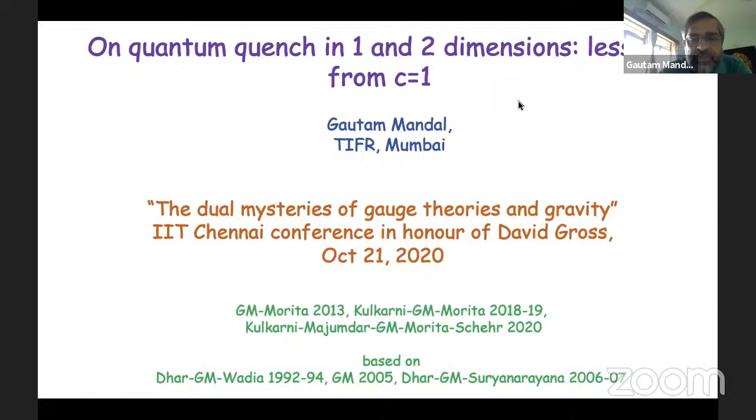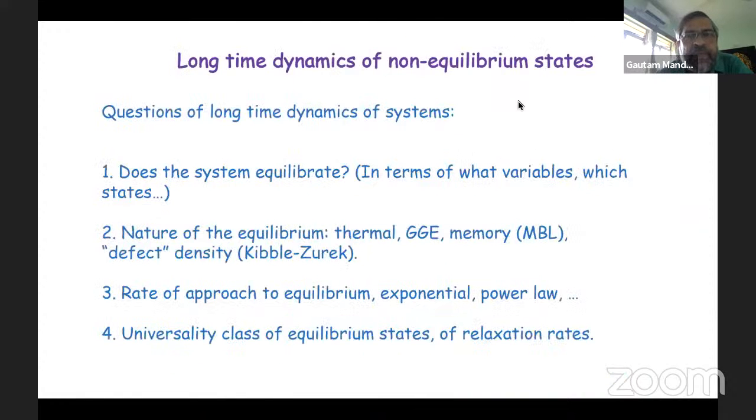So this talk is basically a progress report on work on thermalization that we have been doing for the last 6, 7, 8 years.